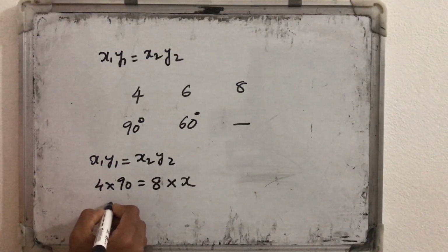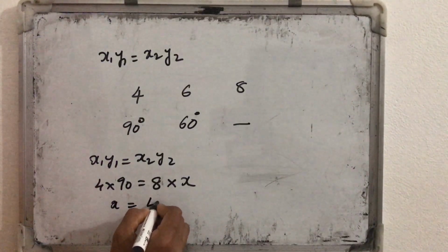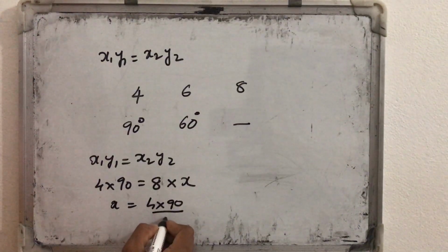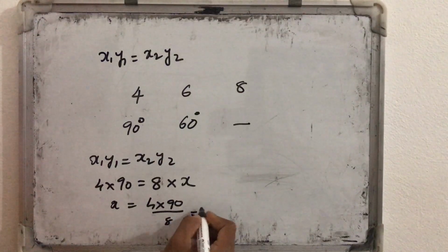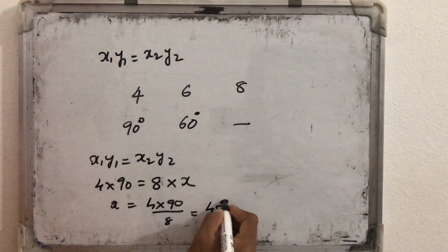So x equals 4 into 90 by 8, and we get its value as 45 degrees.